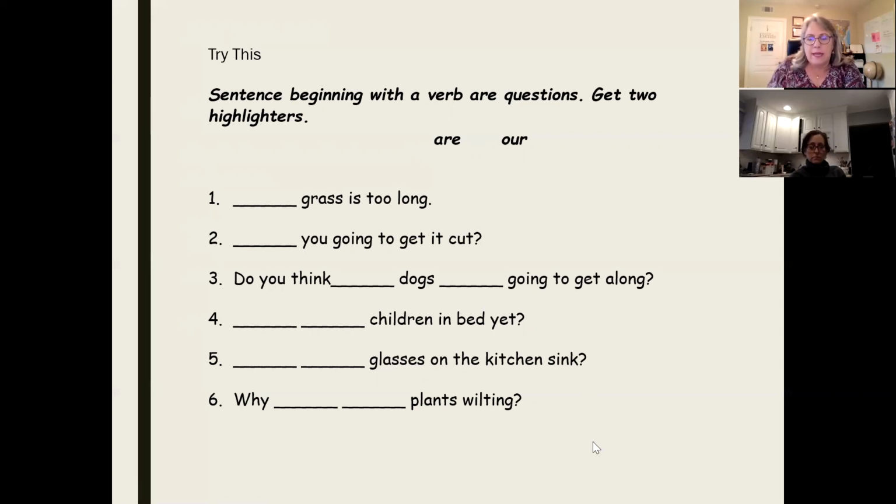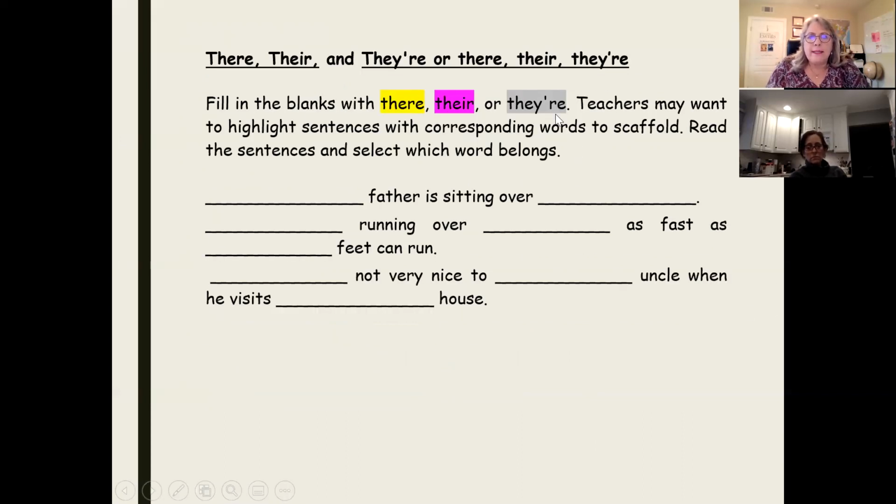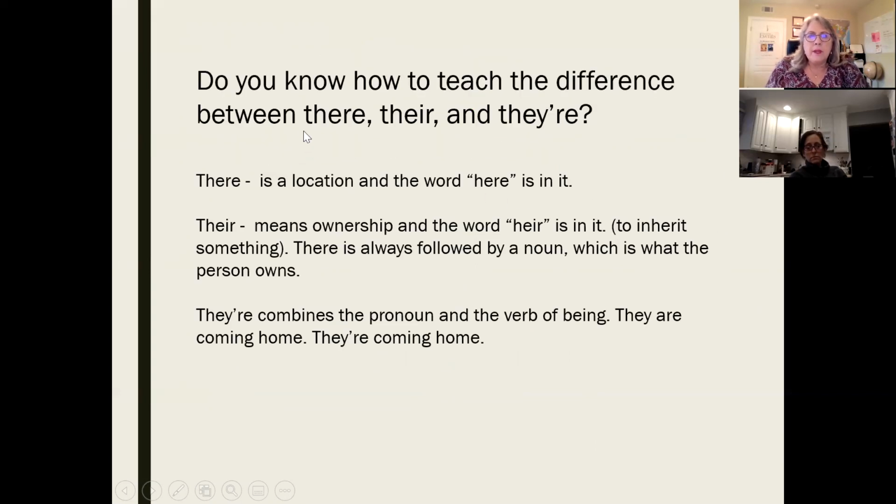And again, I would take the highlighters out. I just want to show you a little bit about the brilliance of teaching grammar. There, and there is another one. Let me back up a little bit. The word there has the word here in it.